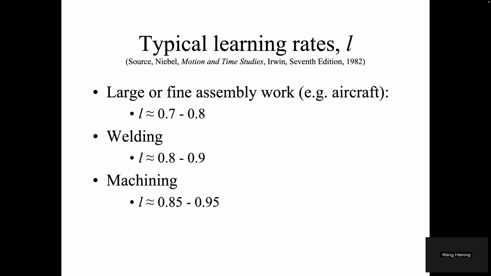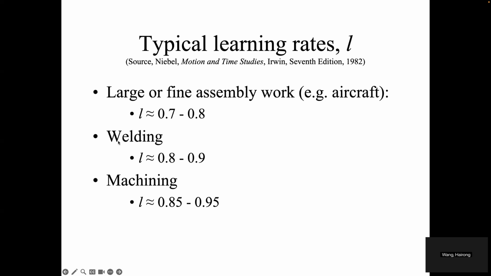And here are several typical learning rates that we will use in different scenarios. For large or fine assembly work, we set the learning rate quite low, which means as the number of units increases, the efficiency of workers or machines will be largely improved.